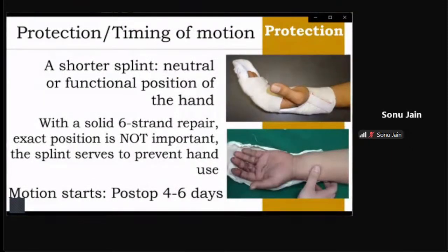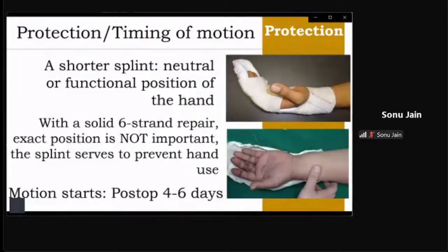For protection after surgery, I use a dorsal slab from the distal or middle forearm distally beyond the fingertip. The wrist and the MP joint are always in the neutral or functional position or slight flexion, avoiding extreme flexion or extension.